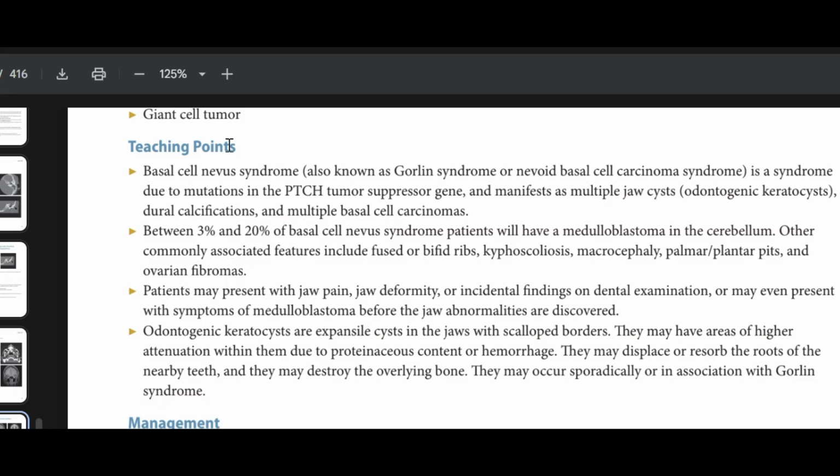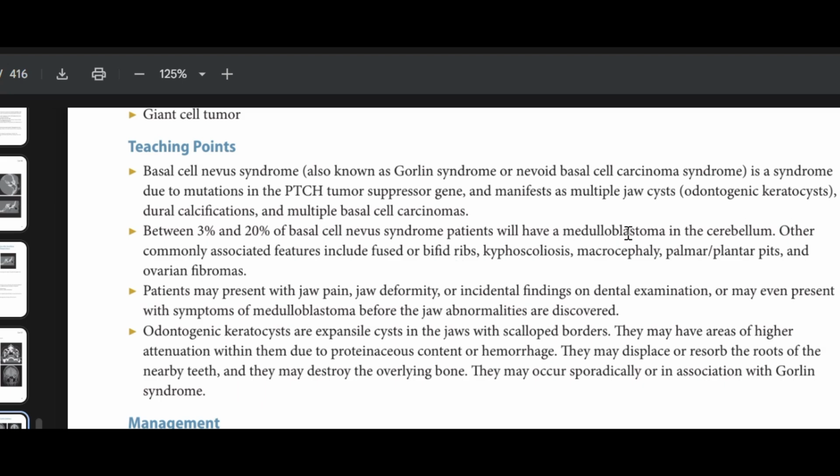So this syndrome can be considered by the skin lesions and the mandibular lesions. And if this patient has a non-contrast CT scan, you will find dural calcifications.